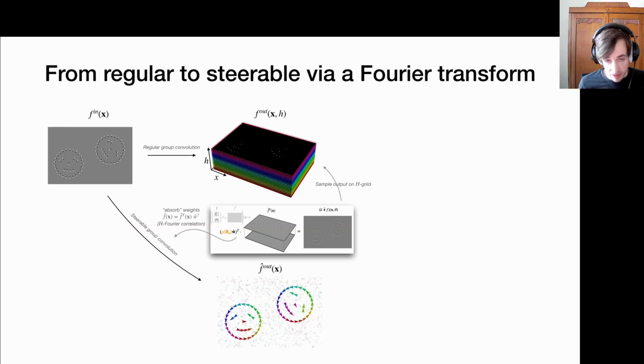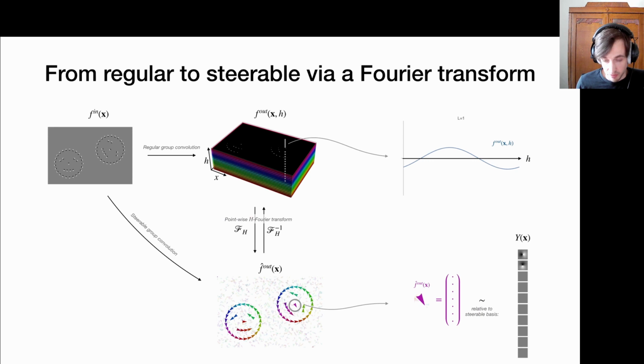Okay, so let's revisit what we had so far. The regular group convolution setting generates these high dimensional feature maps, and the steerable case generates these feature fields where each vector represents, in a way, a signal over the subgroup H, which is made explicit with this visualization or animation, right?